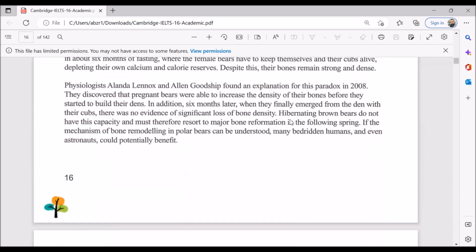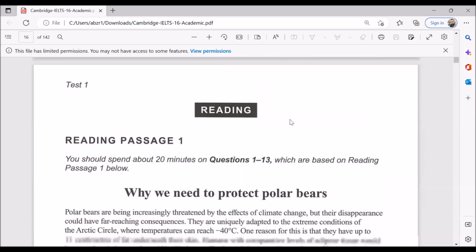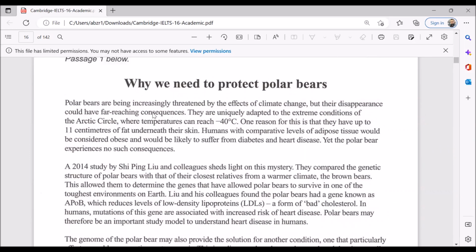Answers come in order means, if you find the answer for question number 1 in paragraph number 1, and let's suppose question number 2 is in paragraph number 2, there is no probability that the answer for question number 3 could be hidden in paragraph number 1, because the answer for question number 2 was in paragraph number 2. The answer for question number 3 could be in paragraph 3, 4, 5, or 2, but not the first one. So you just simply have to move on when it comes to solving the true, false, and not given questions.